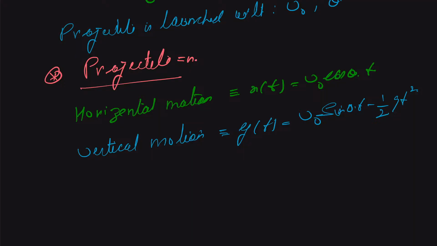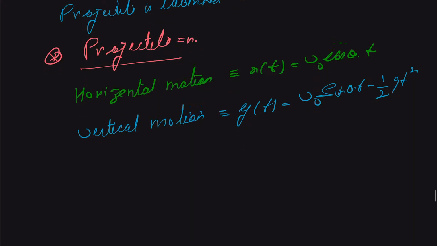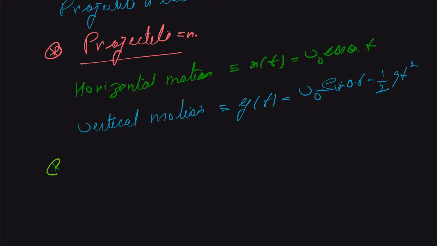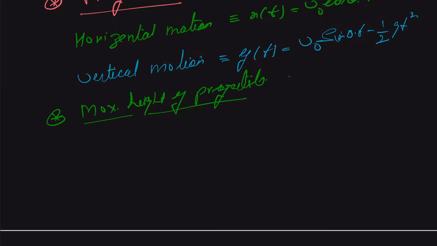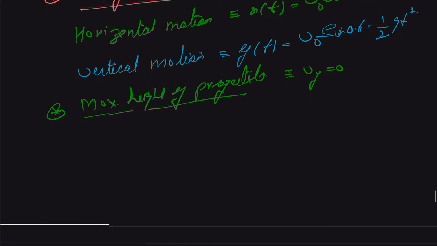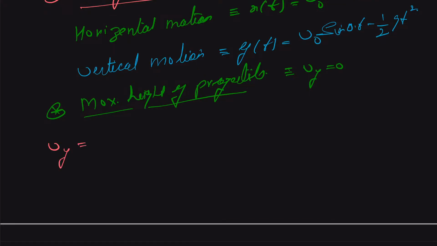So at the maximum height of the projectile, we know that the vertical velocity v of y is equal to 0, and therefore v of y is equal to v naught sine theta minus g t, that is the standard equation of kinematics, and is equal to 0.